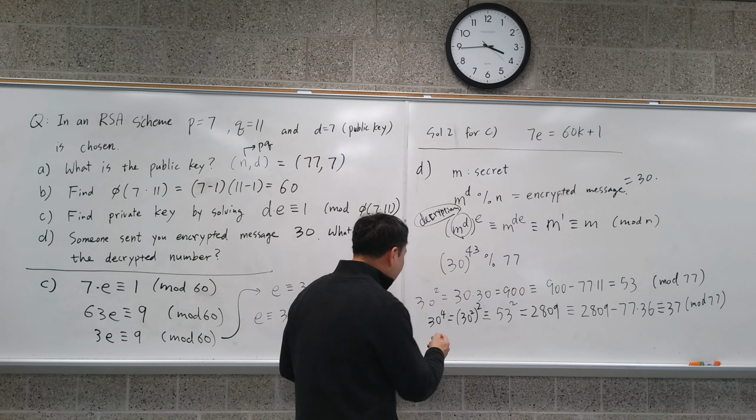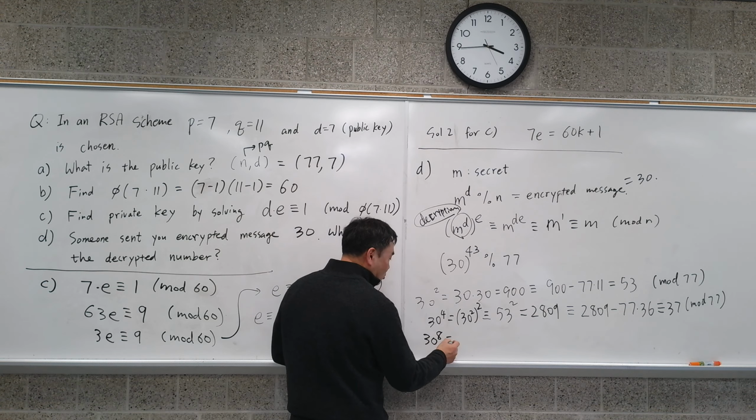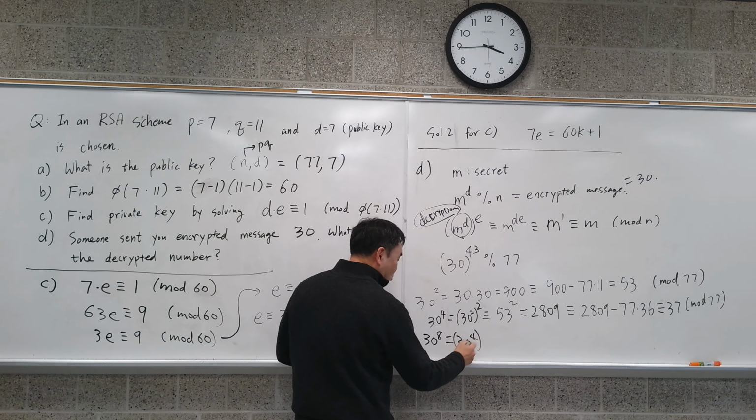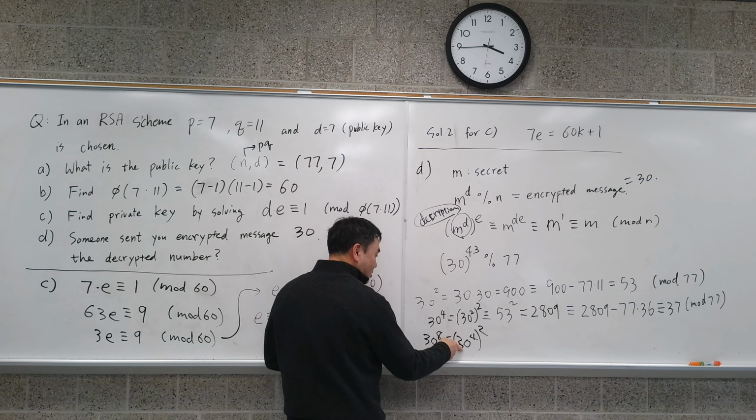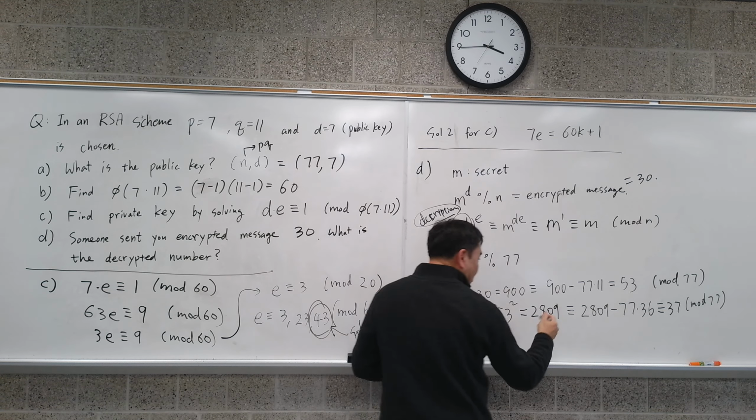Okay, so you square this again, and 30 to the 8th power is now going to be 30 to the 4th power squared, because 4 times 2 is 8. But we just figured out that 30 to the 4th power is congruent to 37.